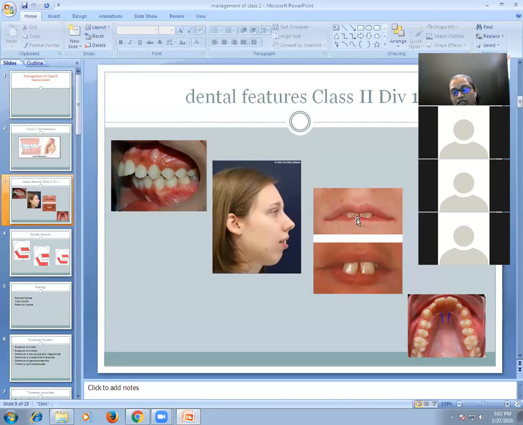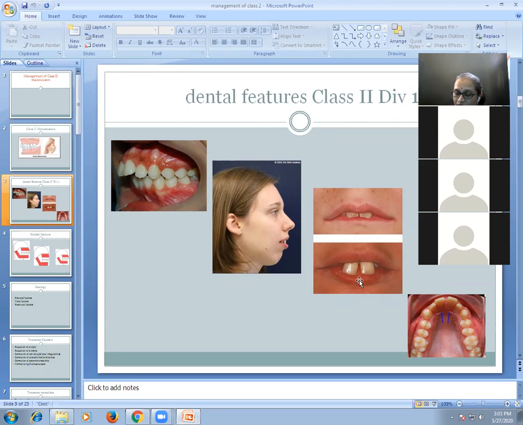Then there could be a lip trap. What is a lip trap? When your maxillary anteriors are proclined, your lower lip will be hiding behind the upper incisors. The upper incisors will not allow your lower lip to come in contact with the upper lip.